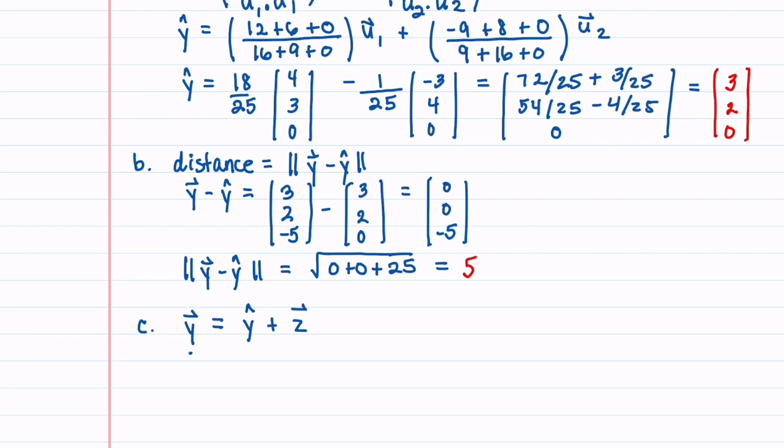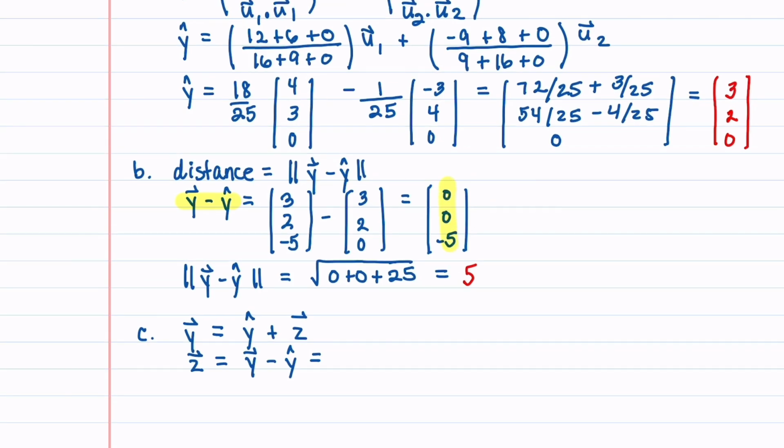To find vector z, all we have to do is take vector y and subtract y hat. And we've actually already done that right up here. Let me highlight that so you can see it. That's our vector right there.